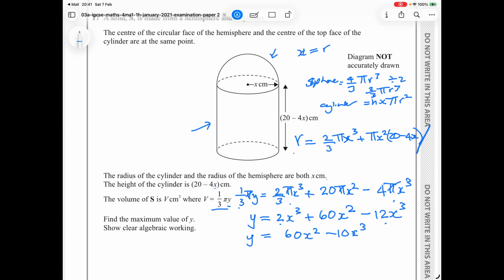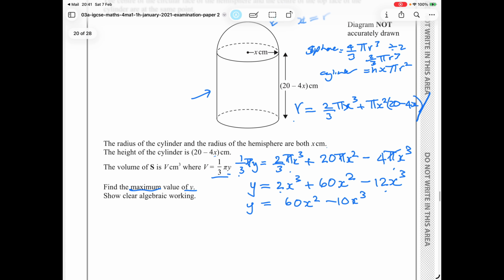Now, in order to find the maximum value of y, we're going to have to differentiate. So dy by dx equals 120x minus 30x squared.